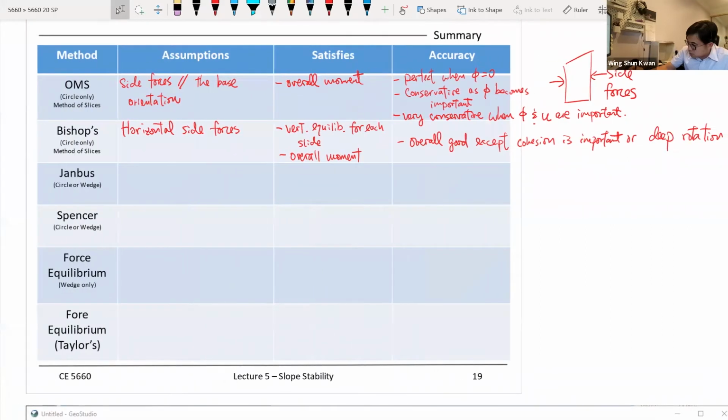And also realize that these two methods only work for circles. They are slice methods, and you only work for circular slip surfaces.